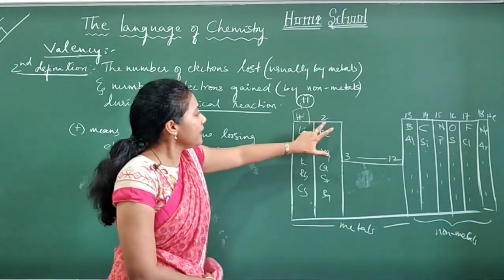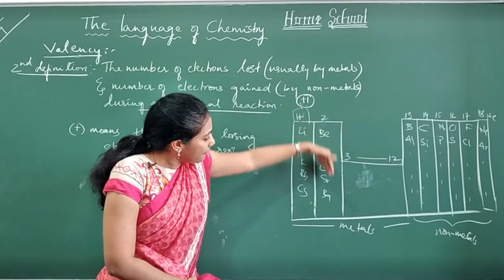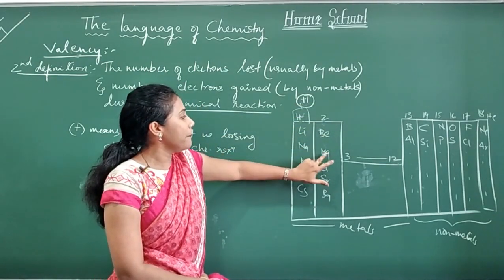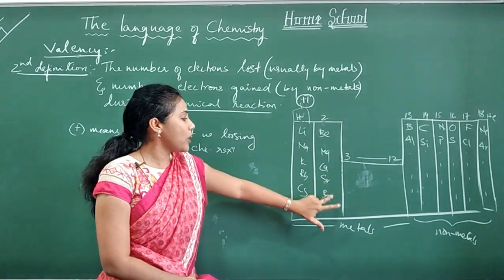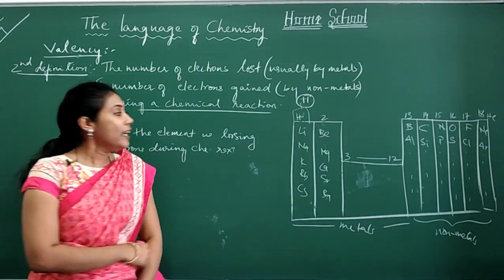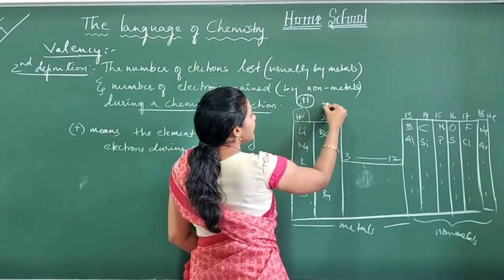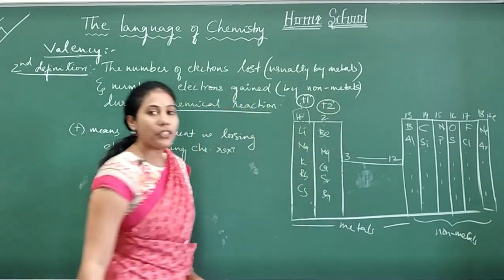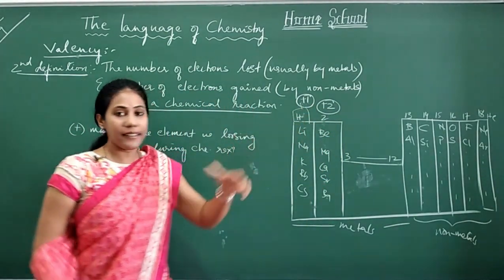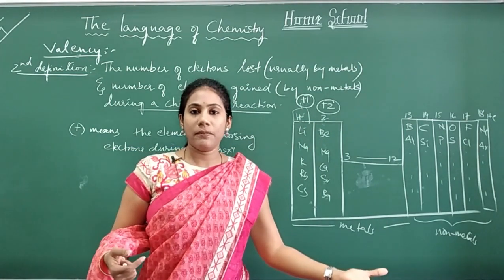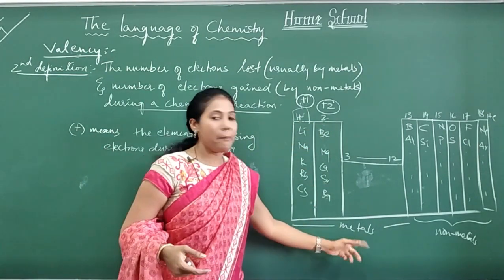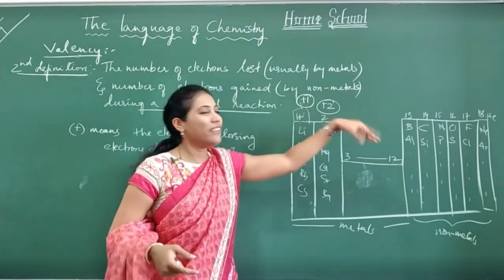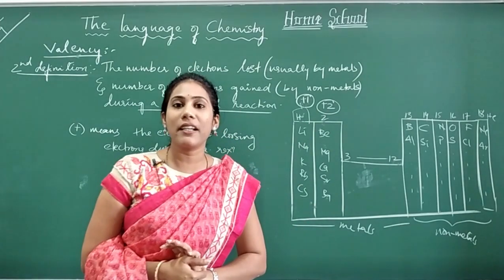Similarly, elements in group 2, that is beryllium, magnesium, calcium, strontium and barium, all have a valency of plus 2. Plus, as I said, means they will always lose electrons. They come in the category of metals, and metals always lose electrons during a chemical reaction.